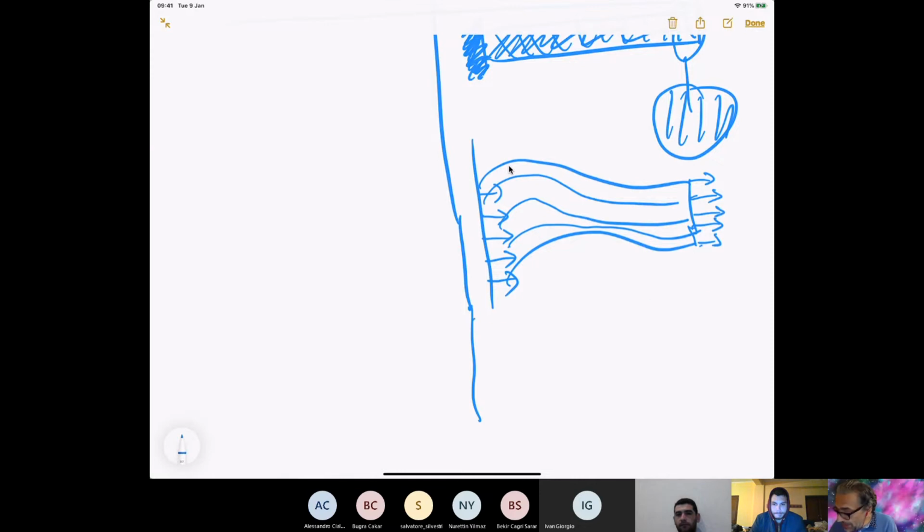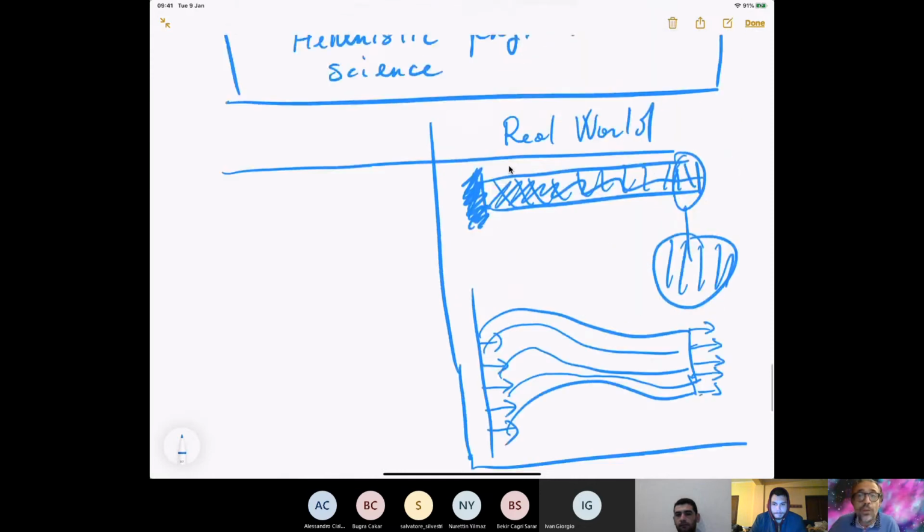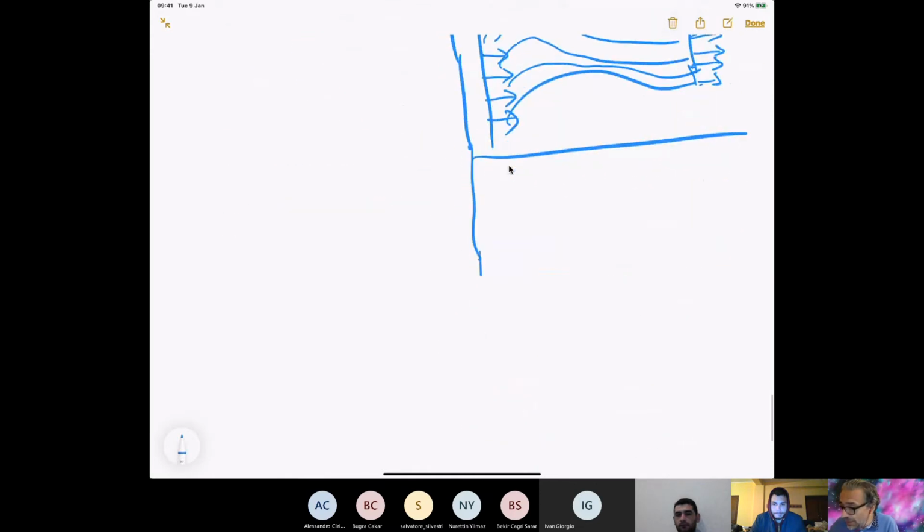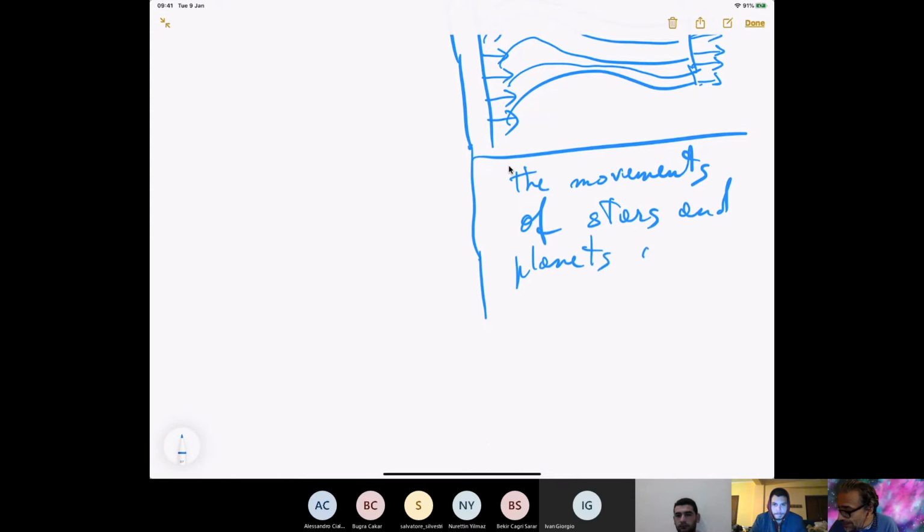So the appearances, the real world phenomena I'm talking about is the movements of stars and planets as observed from the Earth.